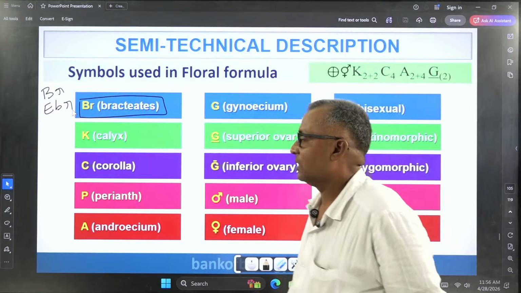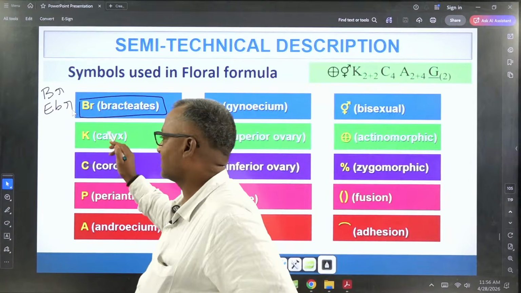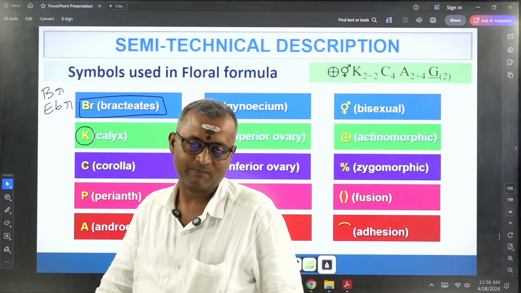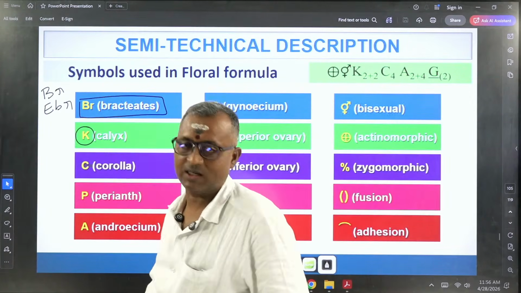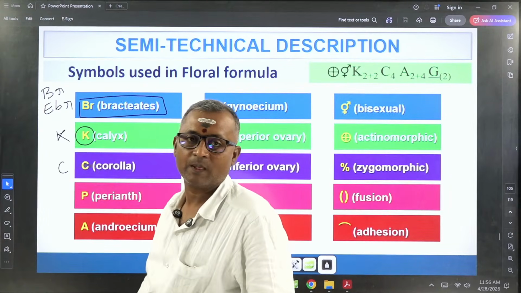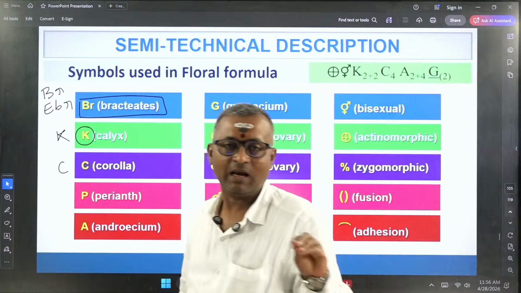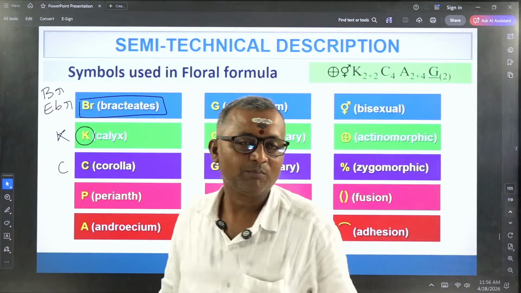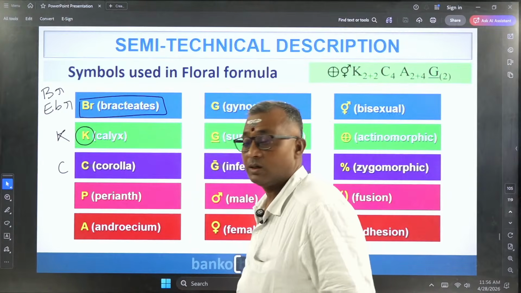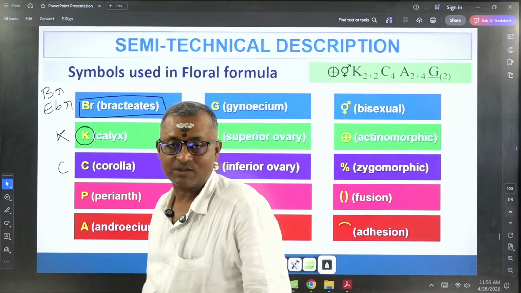Similarly, if a flower has calyx, the calyx is represented with the symbol K. K is the symbol for calyx. C is the symbol for corolla. If the flower has perianth, for example lily or monocots, there you don't see calyx and corolla differentiation, right?